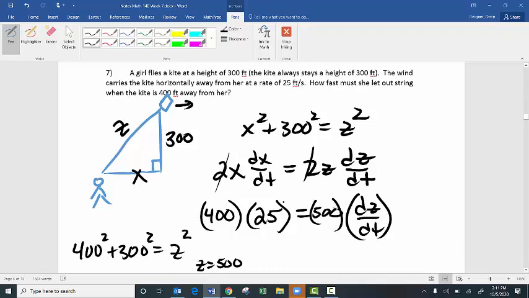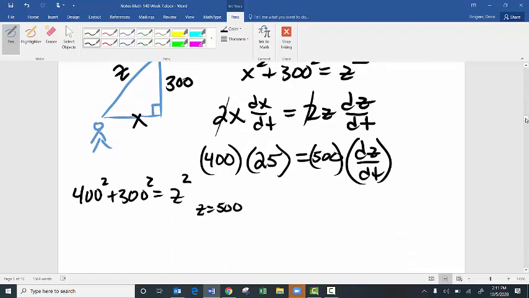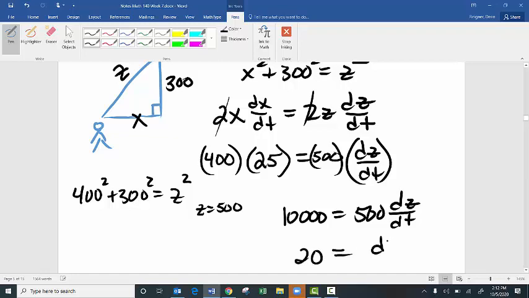So then you take 400 times 25 and you get 10,000. And the 500 is over there with the variables. So you just divide by 500 and you get 20. So 20 is dz/dt.